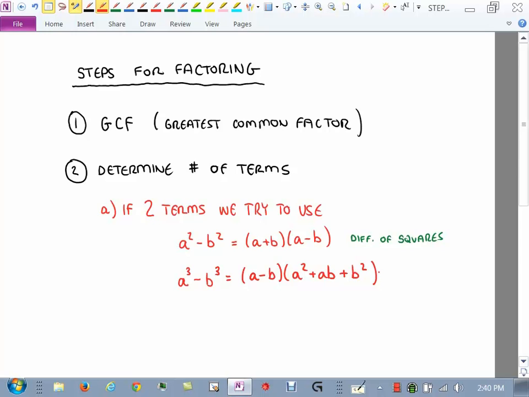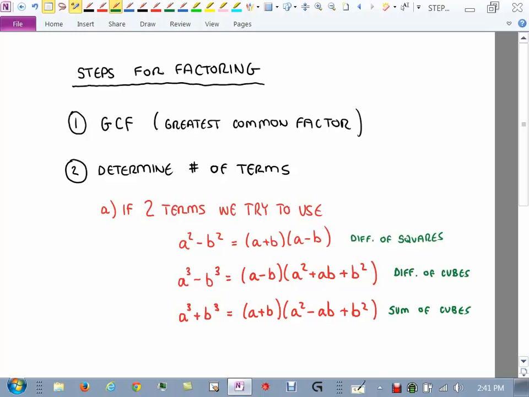And then there was another one. What was the other one? Sum of cubes. If you have 2 things being cubed and addition between them, then the formula looks very similar to the one above. It's just a couple of the signs are different. That was called sum of cubes.